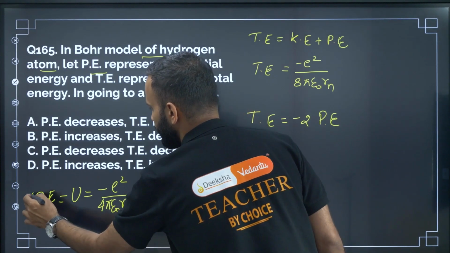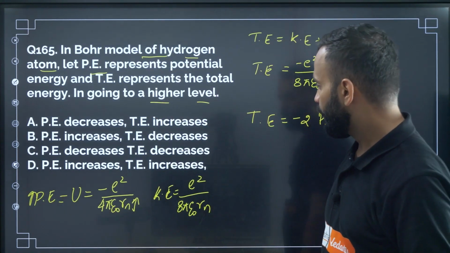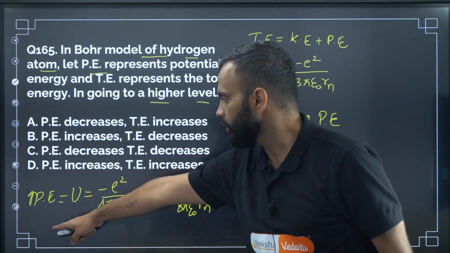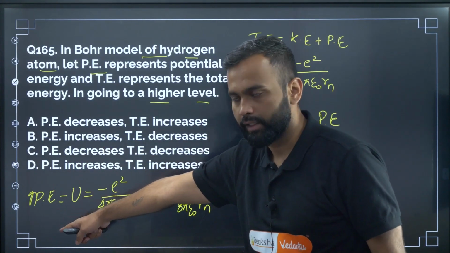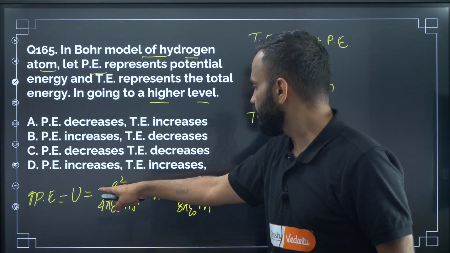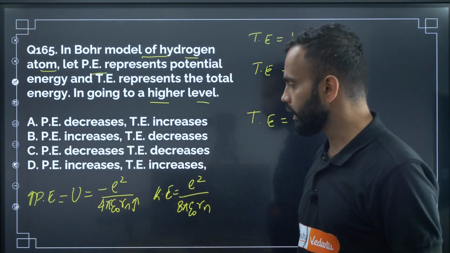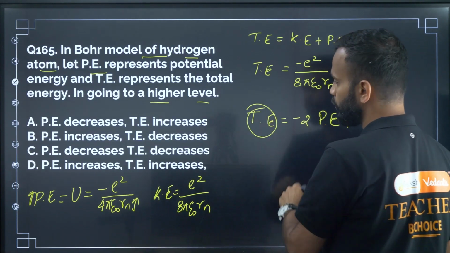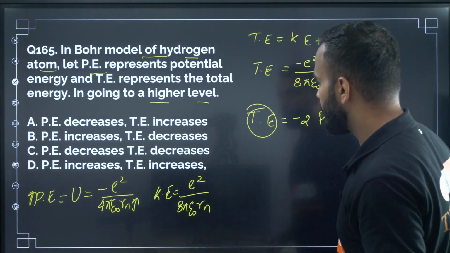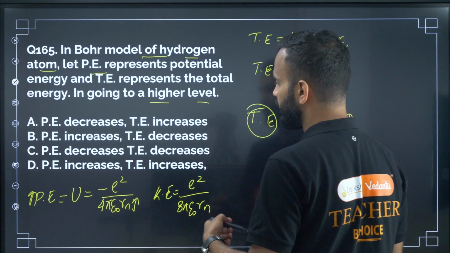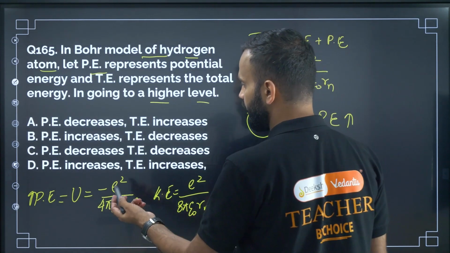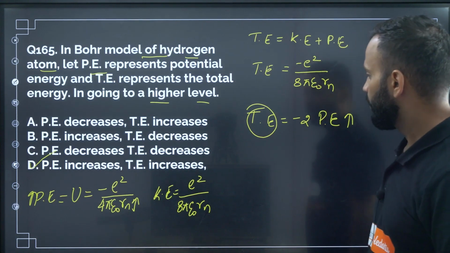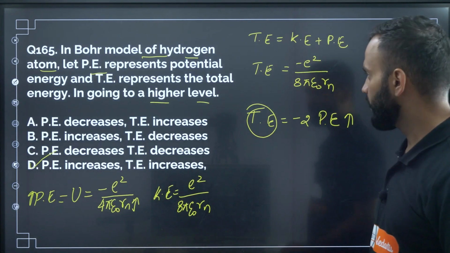Why? Because of the negative sign, the potential energy increases. If it were positive, it would have decreased. But here, because of the negative sign, the potential energy increases. So if potential energy increases, then the total energy will also increase. So option D is the correct answer. Potential energy increases, so total energy will also increase.